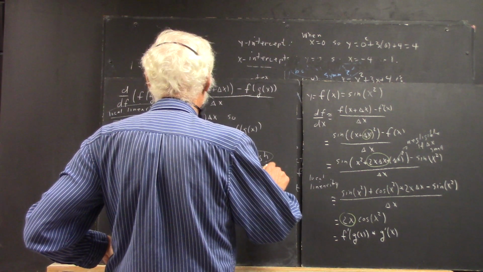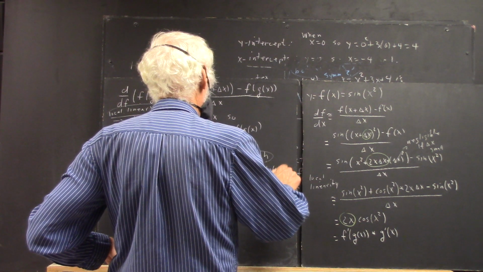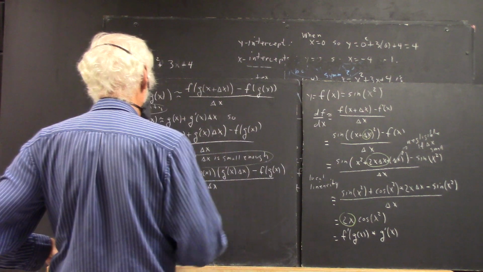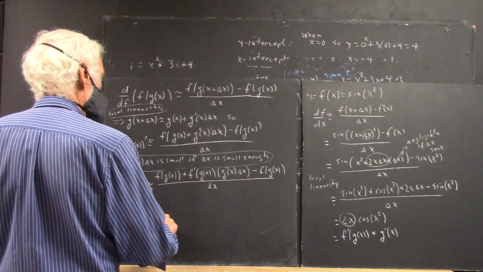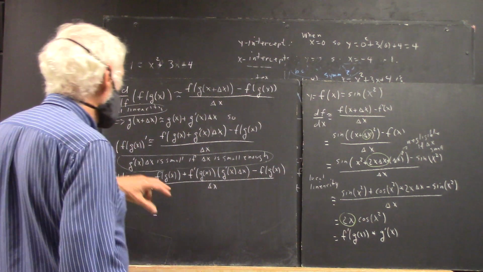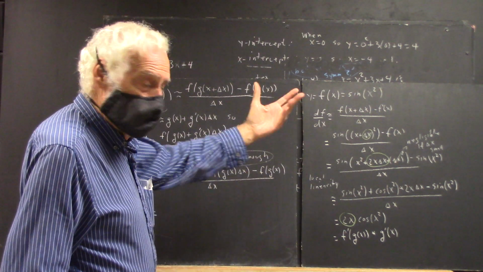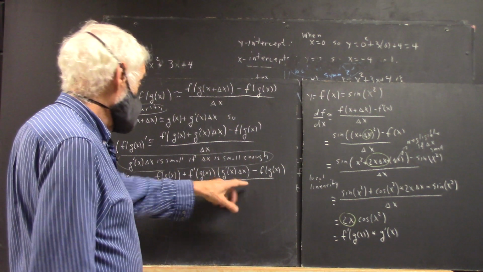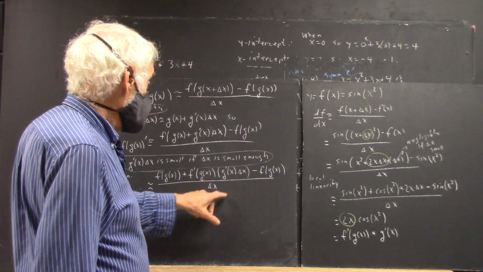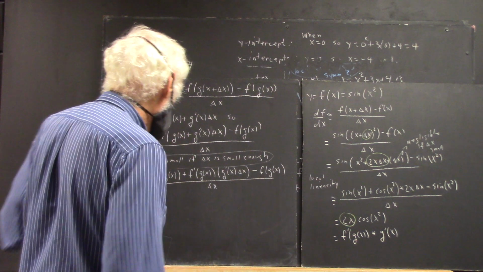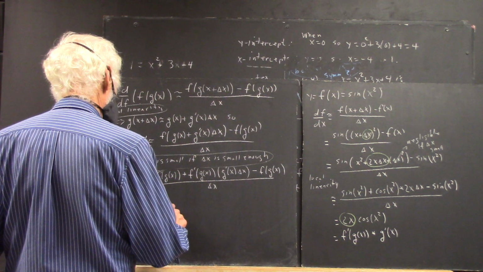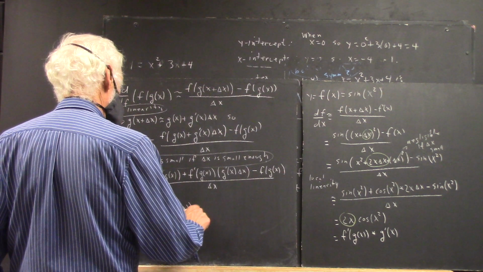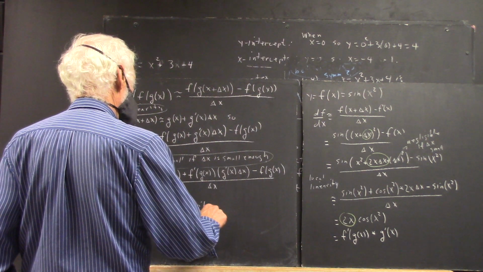Then you're going to subtract off the f of g of x. And of course now this expression, f of g of x minus f of g of x, is 0, leaving you just this one term. We got a delta x as a factor up here, divided by this delta x, and we get f prime of g of x times g prime of x.